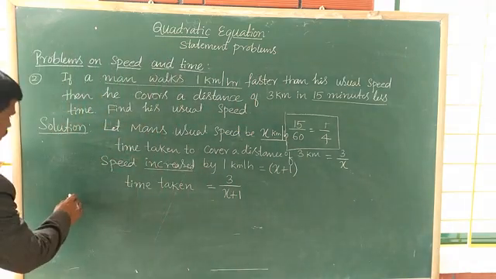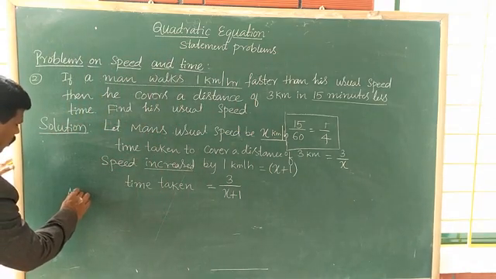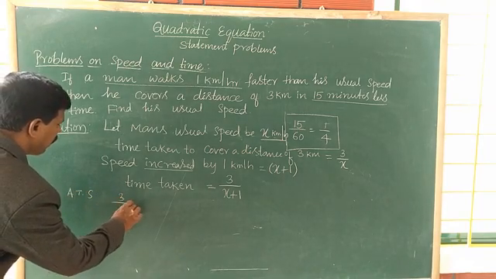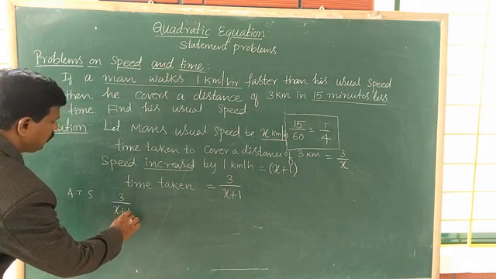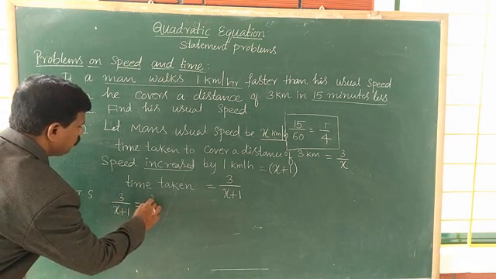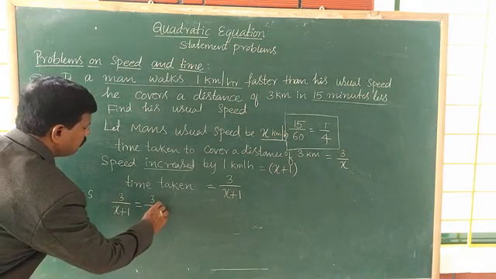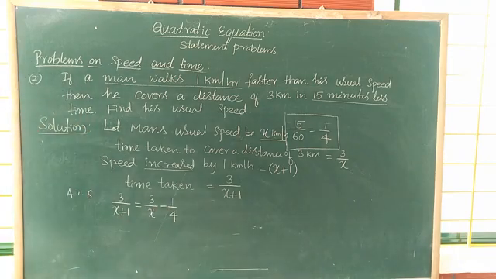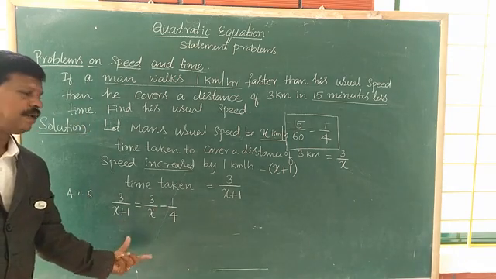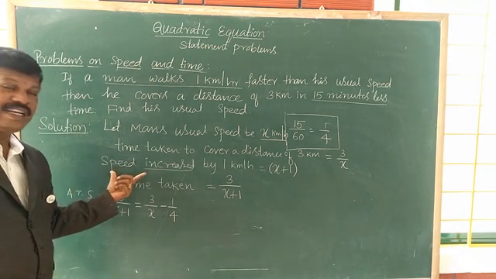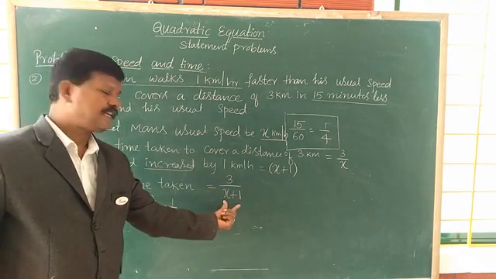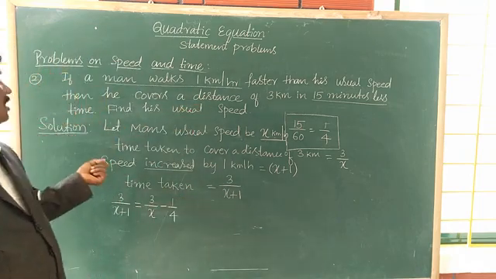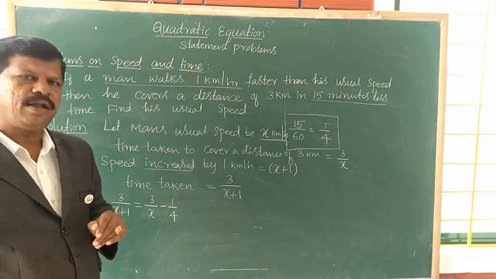So according to the statement, what you can write is 3 by x plus 1 is equal to 3 by x minus 1 by 4. So this is very, very important. When the speed is increased, the time taken is 3 by x plus 1. This time is 15 minutes less than the original one.